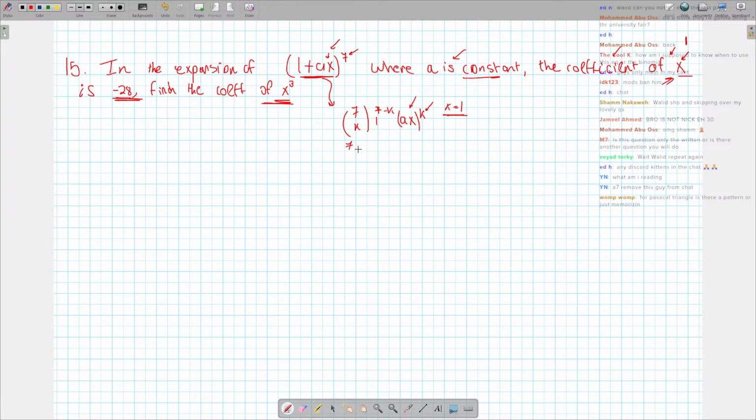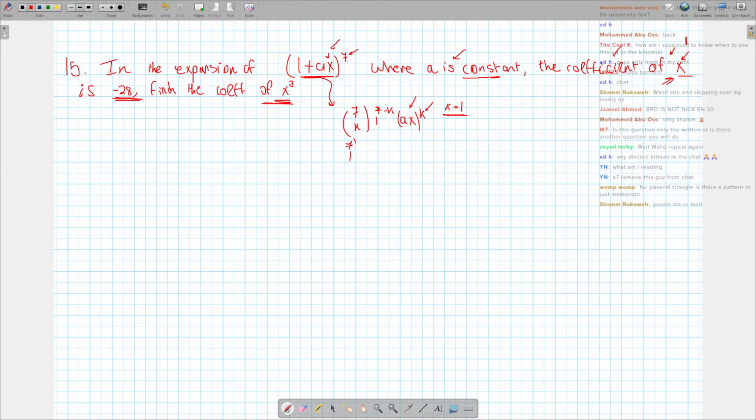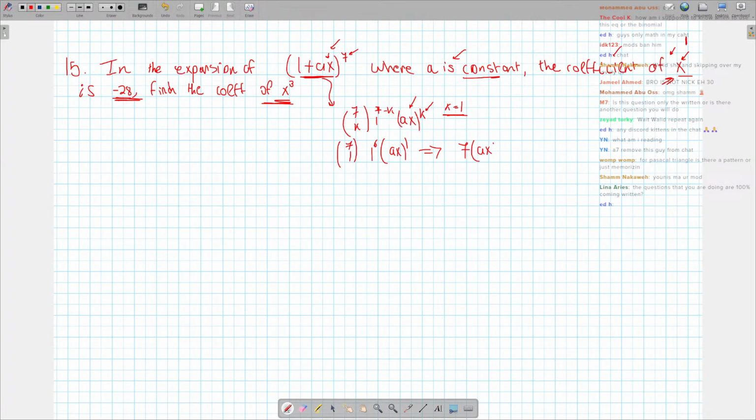So it's going to be 7C1, 1 to the power of 6, ax to the power of 1. You're going to get 7 times ax, which is 7ax. What did they say the coefficient of x is? It's negative 28. Did I get negative 28 here? I didn't.